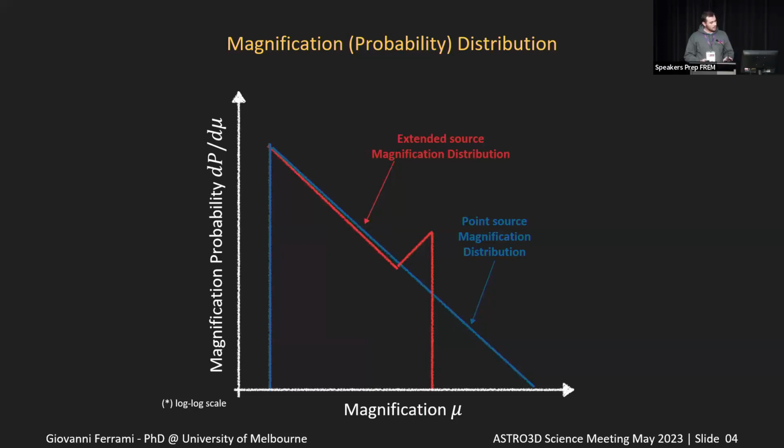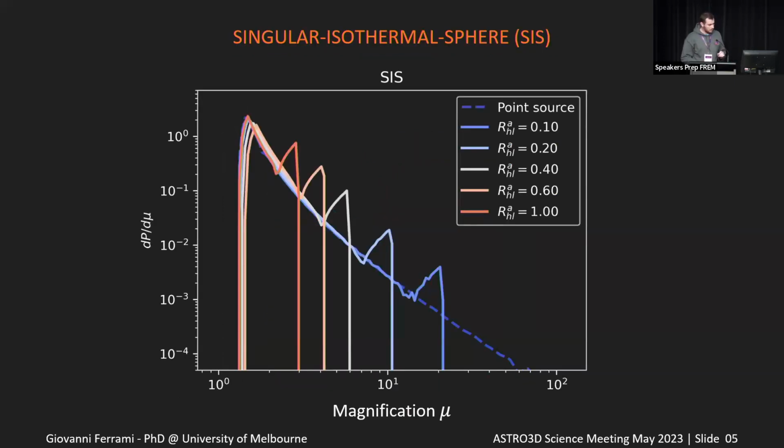Okay, so now to be a little bit more precise, we define the lens as a singular isothermal sphere, and we take a point source, which is the dashed line, and finite size sources, here in dimensionless quantities expressed as a fraction of the Einstein radius.